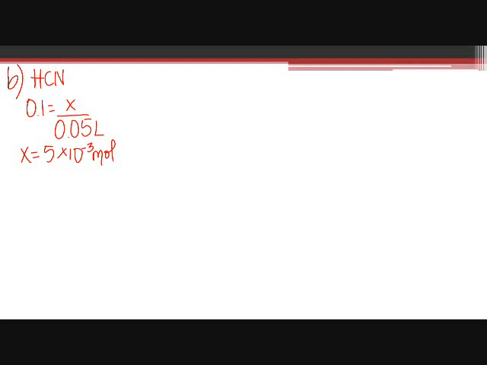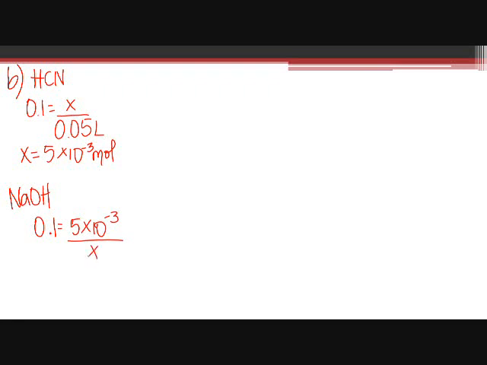So with that information, now we can figure out how much of the base was actually added. So for the sodium hydroxide, we know that it was a 0.1 molar solution, and we know that we have 5 times 10 to the negative 3 moles of the solution at the equivalence point.